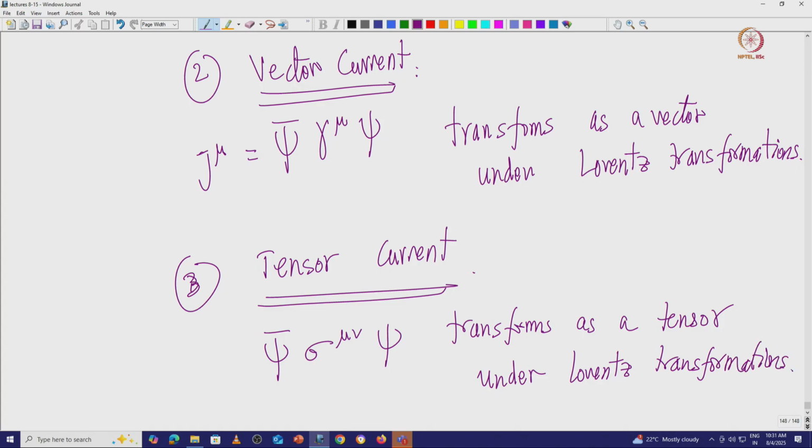Now, what are the things which transform as a tensor? Any 2 index object transforms as a tensor. Now, what is sigma mu nu? Sigma mu nu is the commutator of gamma mu and gamma nu, as I think we had defined it several times. This is a tensorial current.